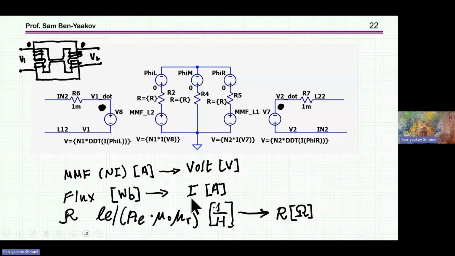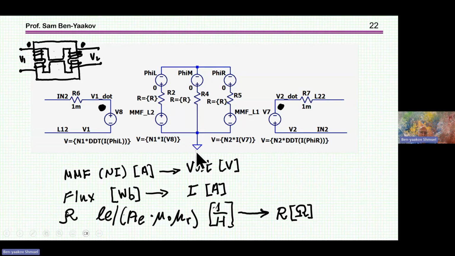Flux is emulated by current, the reluctance is emulated by resistance, and the MMF is voltage. So by taking the derivative of the current here, I get the back EMF. This is the interface between the electrical part and the magnetic part, and so this is very handy.